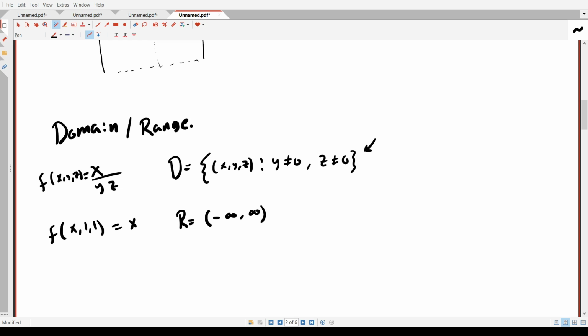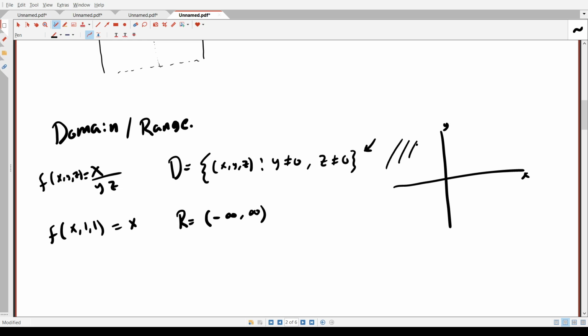So what does this look like? Let's look at what it would be in 2D. This is my x-axis and y-axis, and z is going to be coming out this way. So y can't be 0.